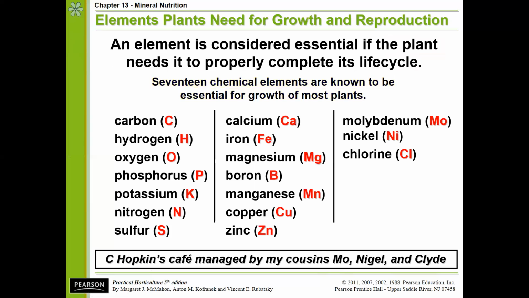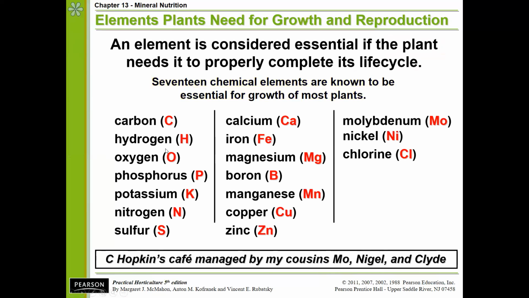And there's a little mnemonic device here that is used to try to remember all of these essential elements. C Hopkins Cafe, managed by my cousins, Mo, Nigel, and Clyde.